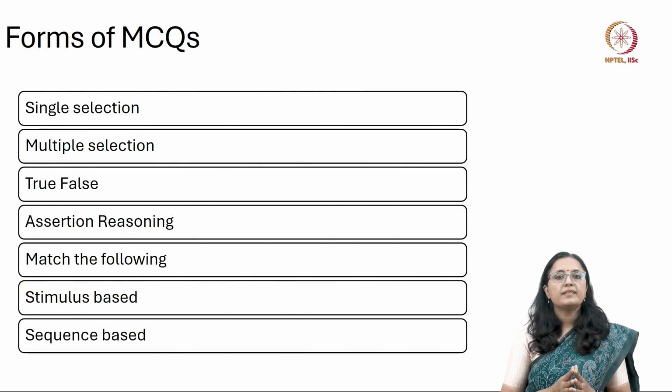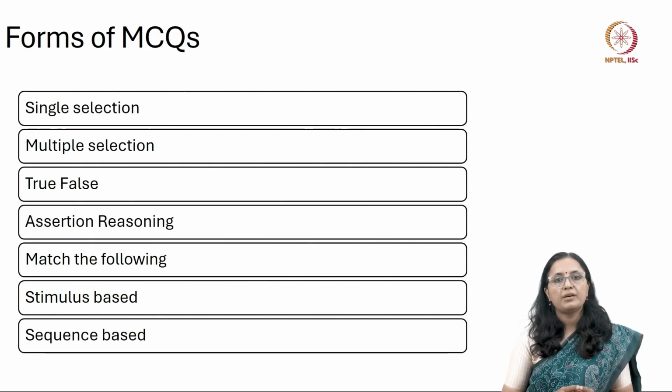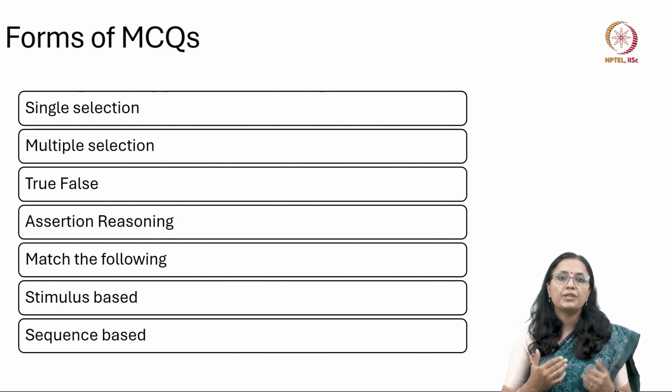So to summarize, in this unit we have discussed 7 forms of MCQs, and we have also discussed the advantages and disadvantages of each of these MCQs in terms of the cognitive abilities each can assess, or the merit or demerit of each type.